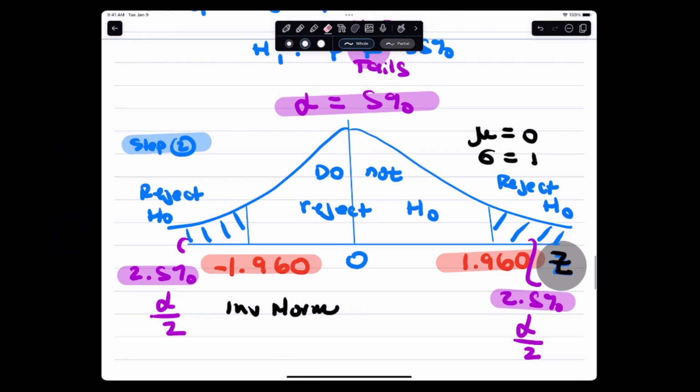Okay, you guys okay with that? That's your decision rule. That's where most of the work is.